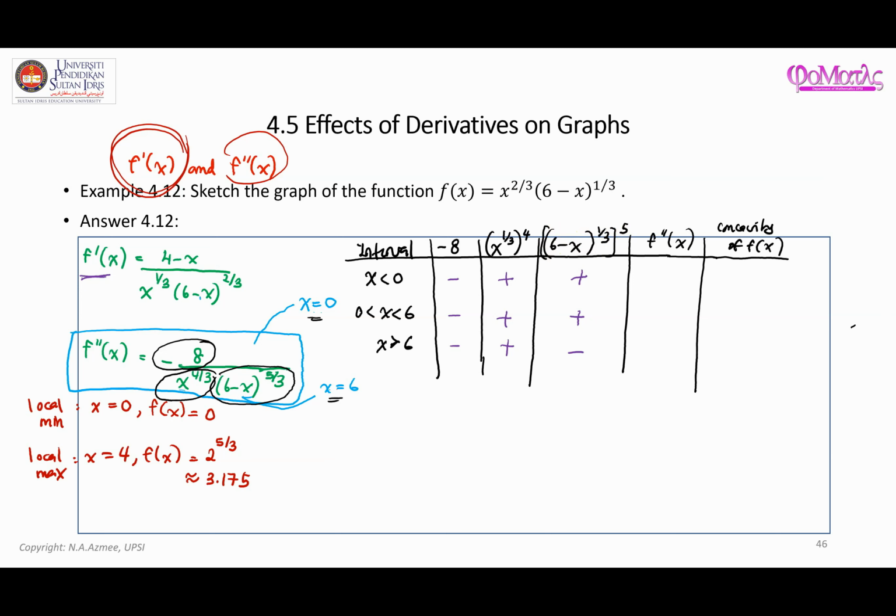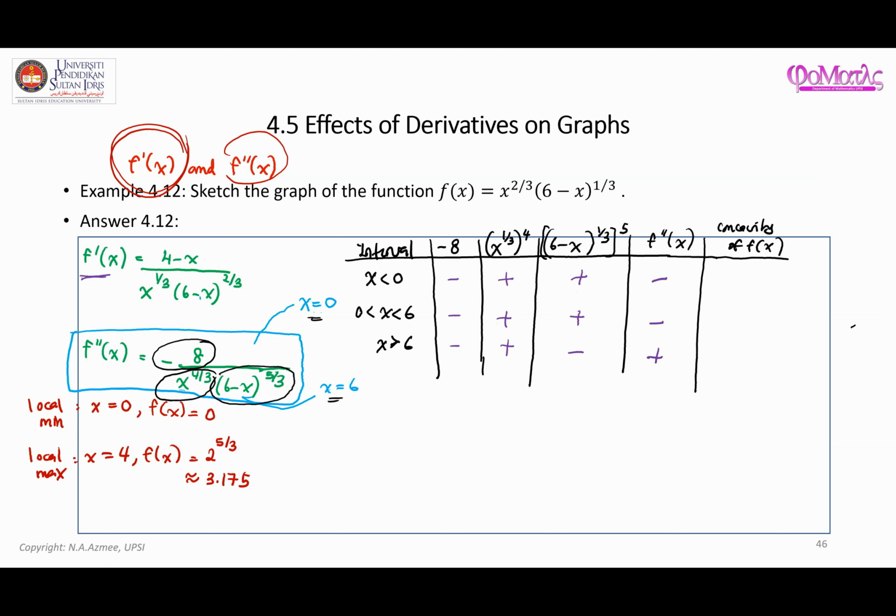Now what we can do next is multiply the signs. Negative multiplied by positive is negative. So we get negative, negative, positive, negative, negative, positive is negative, and negative, positive, negative is positive.